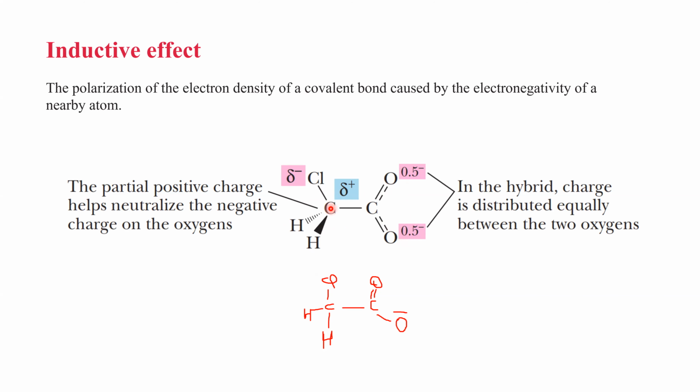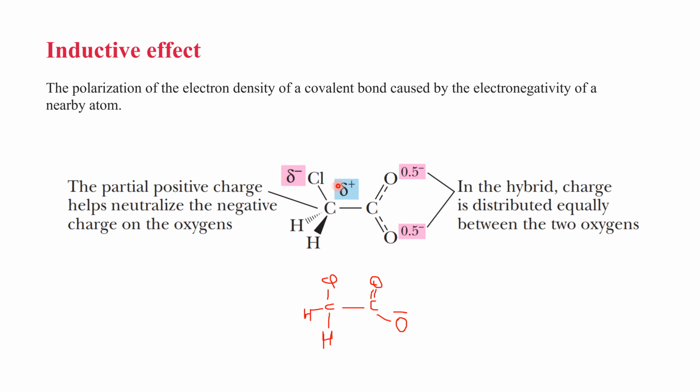But when we have added one chlorine here, this chlorine has made this covalent bond a polar one. So the carbon is getting partial positive, and the chlorine is, of course, partial negative. This extra positive charge created on this carbon basically neutralizes the negative charge on the oxygen.